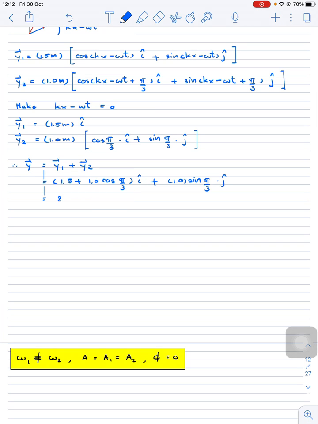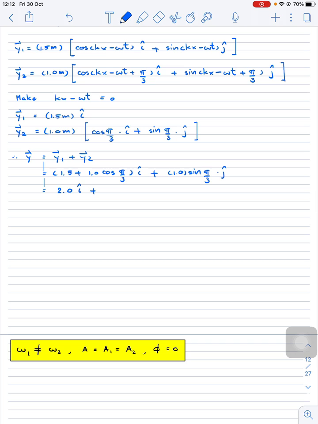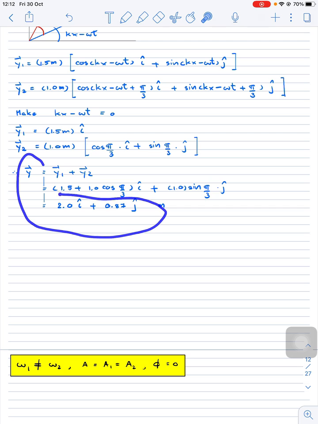So here we have 2.0 times i, plus the sine of 60 degrees, square root 3 over 2, which is just equal to 0.87 times j in the unit meter. So this is going to be the resultant vector.